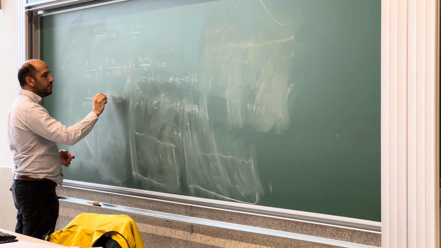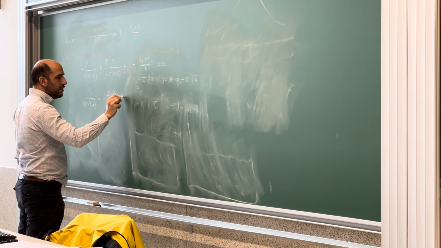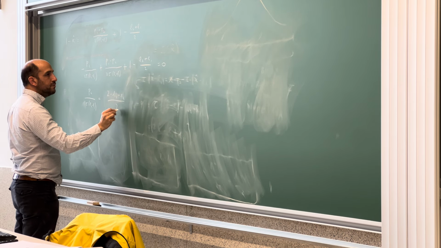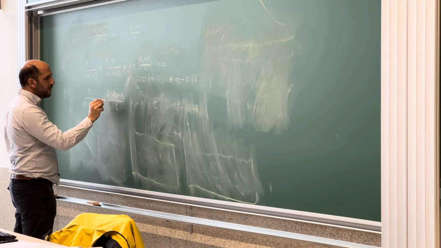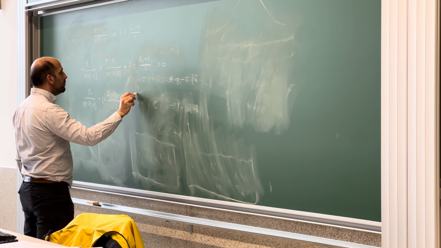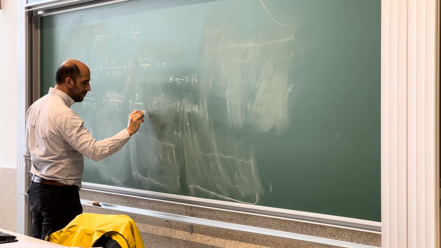Let me do it this way. 1 minus (L1 plus L2) over 2, plus P1 over 2 tau and (L2 minus L1).